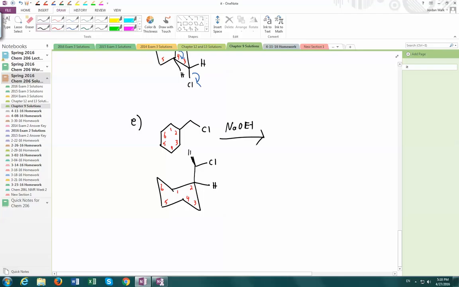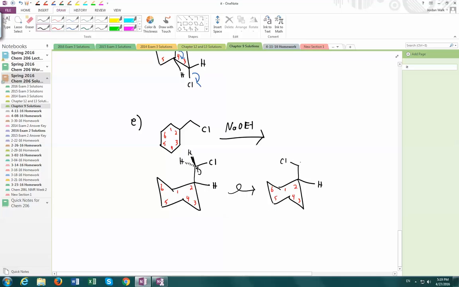This is a tough one. All right, so we've got something that looks like that. And so if we do a bond rotation, it seems like we can get this to have an anti-coplanar beta hydrogen. As soon as I start to like some problems in this book, I go back to hating them.